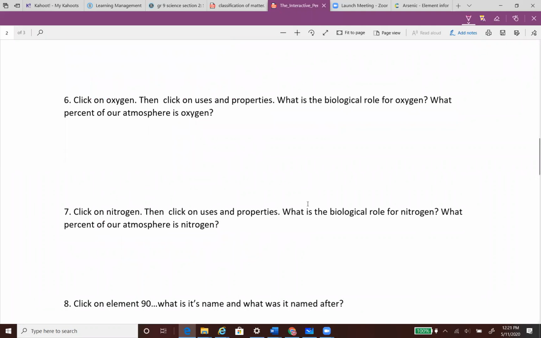Click on oxygen. Just to be a little bit quicker here: oxygen, what is its biological role? If you remember, organisms need energy. We talked about flow of energy in ecology. Oxygen is a very important ingredient in making energy from food.